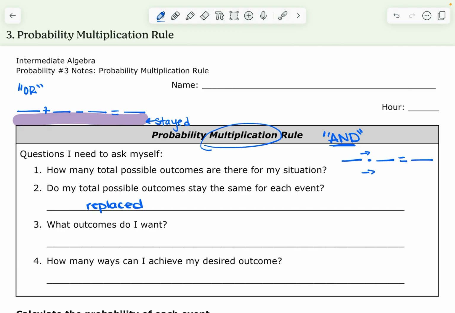All of those phrases are going to tell me, does my denominator change or stay the same? There are some key phrases we're going to talk about in a little bit. From there, again, multiply straight across, and then your last step is to do that division piece.